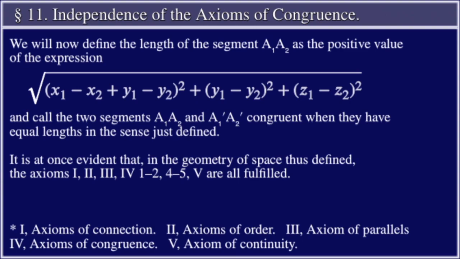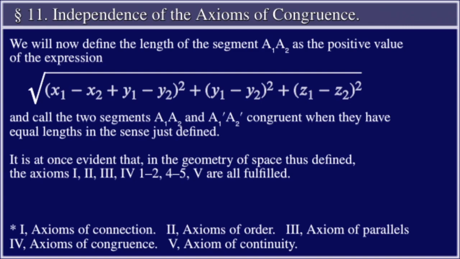We will now define the length of the segment a sub 1, a sub 2 as the positive value of the expression, the square root of the quantity x sub 1 minus x sub 2 squared, plus the quantity y sub 1 minus y sub 2 squared, plus the quantity z sub 1 minus z sub 2 squared, and call the two segments a sub 1, a sub 2, and a sub 1 prime and a sub 2 prime congruent when they have equal lengths in the sense just defined.